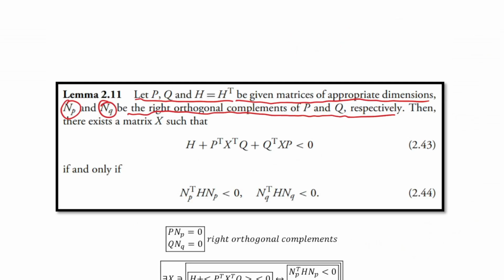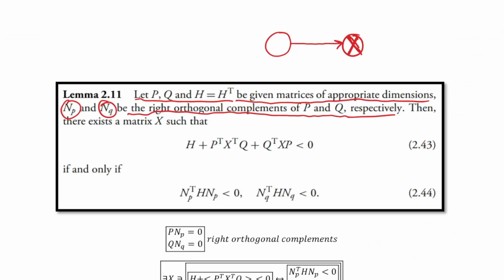Since this is an if and only if, let's say this is a condition that we'd like to prove. However, there is another condition that implies the condition that we want to prove.